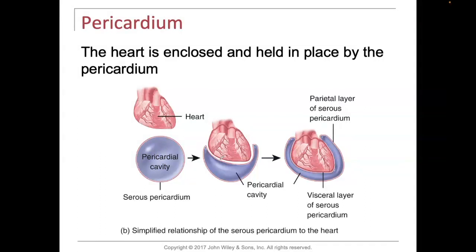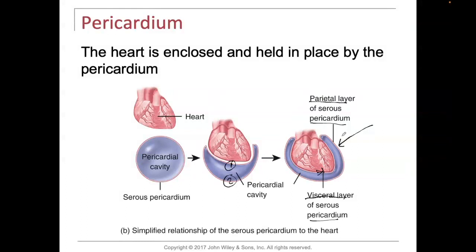When the heart presses into the balloon, it's going to form two layers. As it goes all the way in, we can see the layer that connects to the heart right here. That's the visceral layer of the pericardium. And the layer on the outside is the parietal layer of the pericardium.